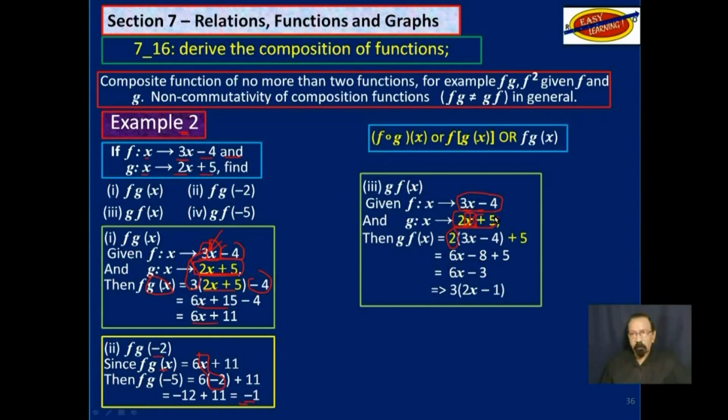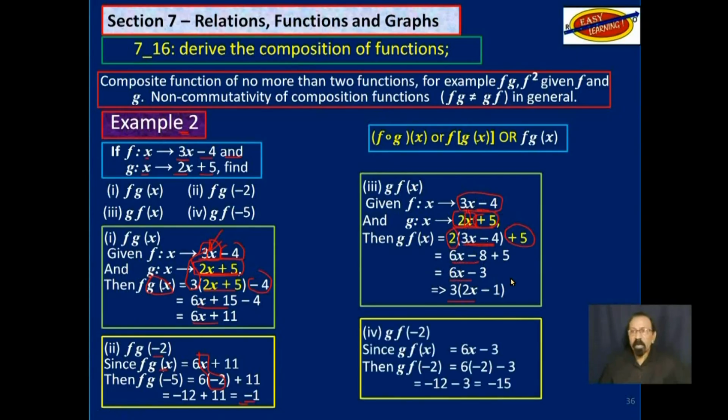This plus 5 remains the same for g of x. What we have done is replace this x here on the right of that 2x with f of x. Once we have that done, we just simplify and we get 3 times (2x minus 1).